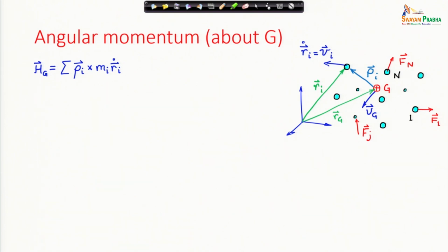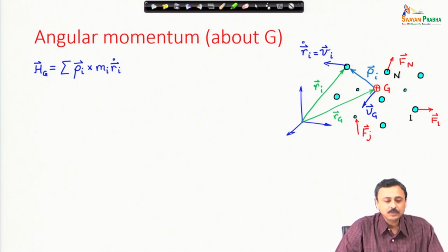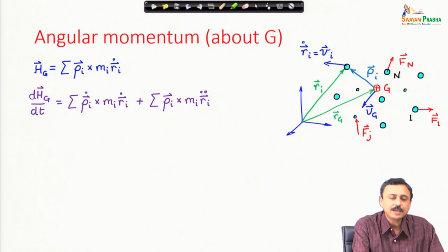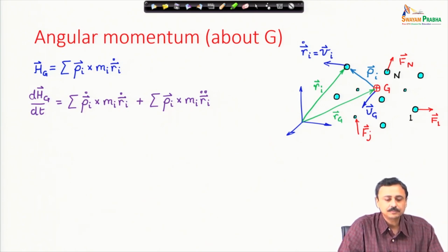We continue with this angular momentum about the center of mass. If we take a time derivative of the angular momentum about the center of mass, then we have on the right hand side the time derivatives of these terms. The first term gives us rho I dot cross m I r I dot, and the second term gives us rho I cross m I r I double dot summed over.